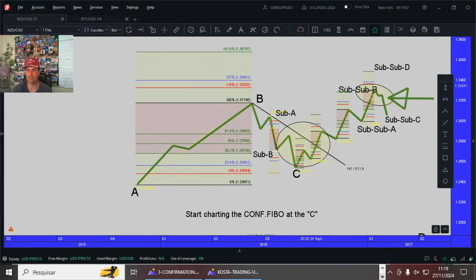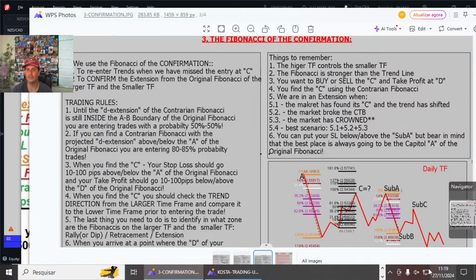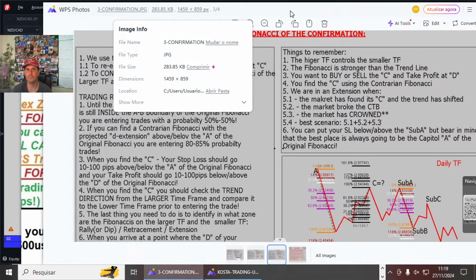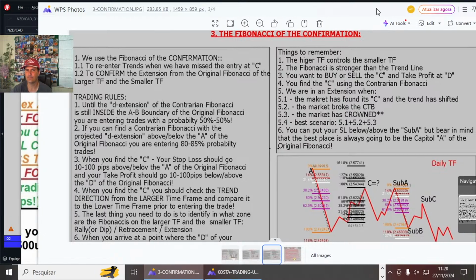Okay, everybody, take a picture of this one. I mean, you have this in the manual. Nonetheless, take a picture, type in the chat done. The Fibonacci of the confirmation.